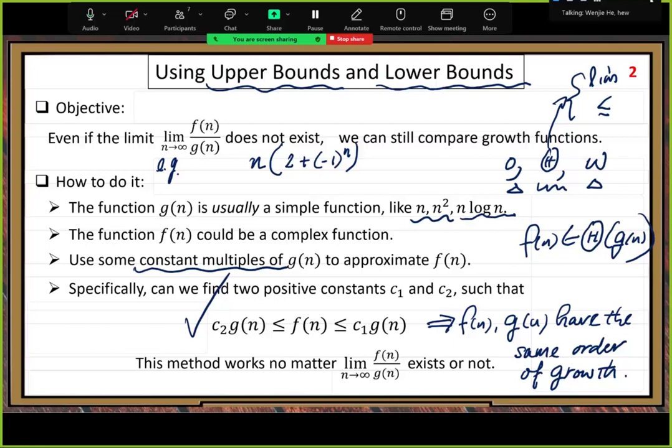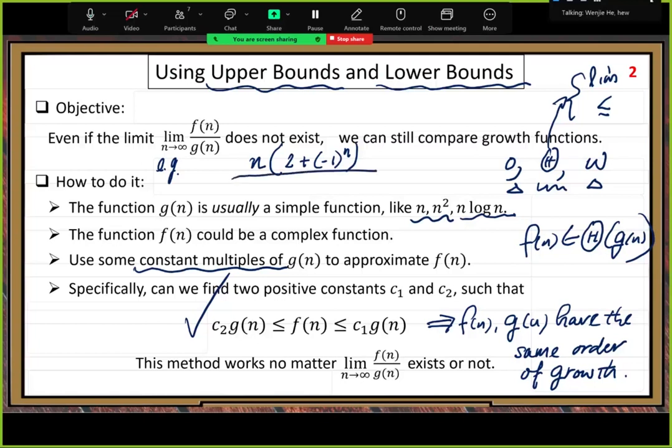When n is odd, it's 1. So 1, 3, 1, 3. These 2 numbers alternate, the pattern like that.